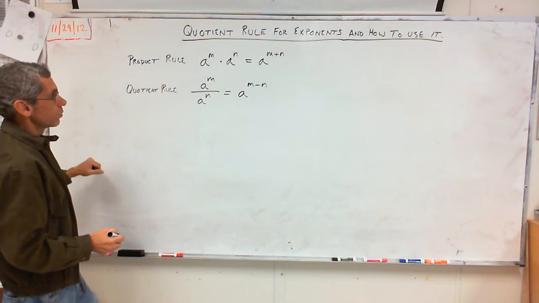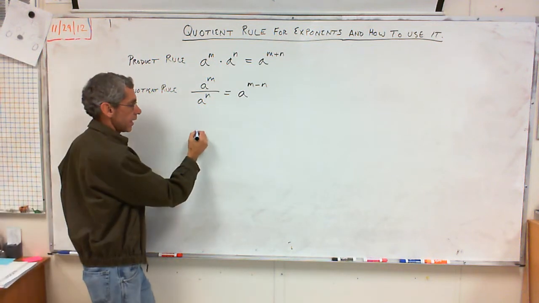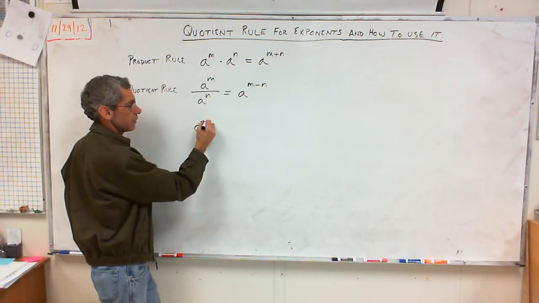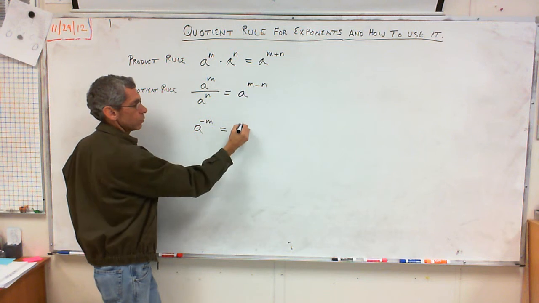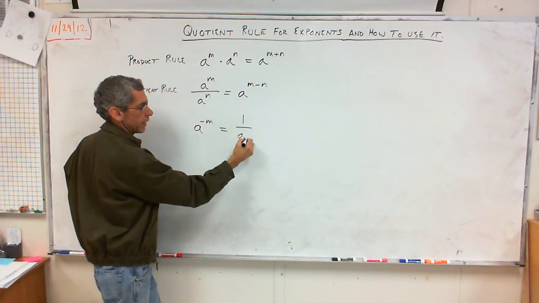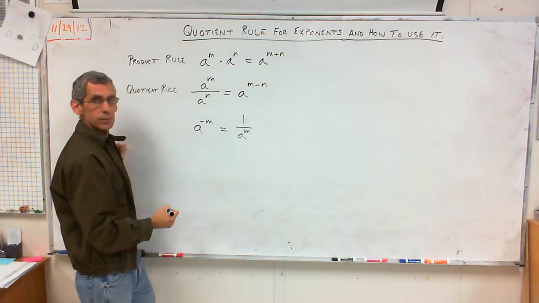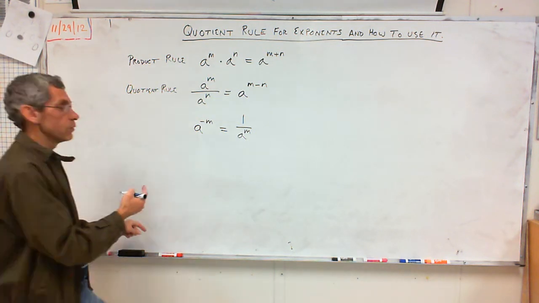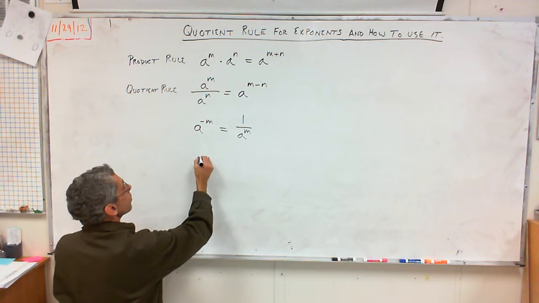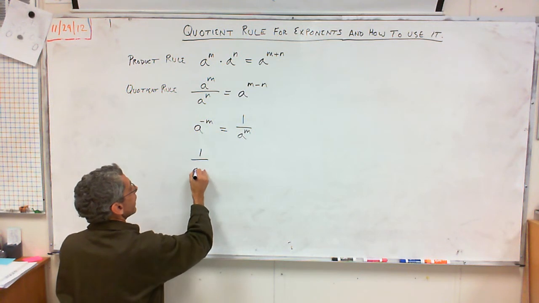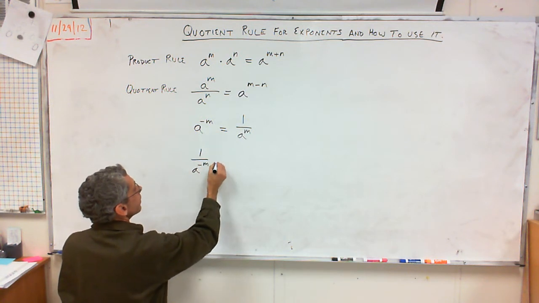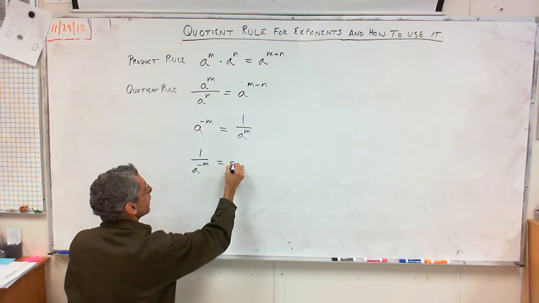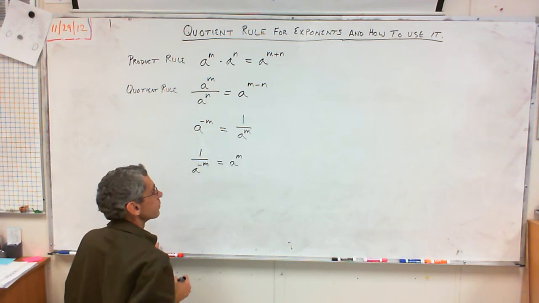And then another one we know is this: a to the negative m is equal to 1 over a to the positive m, right? And then there's another one that goes along with that, which is 1 over a to the negative m is equal to a to the m.